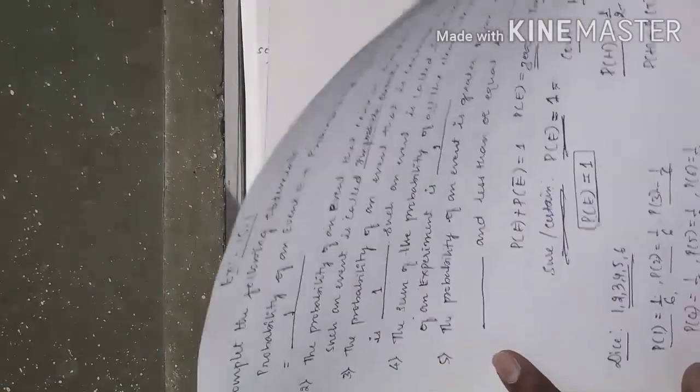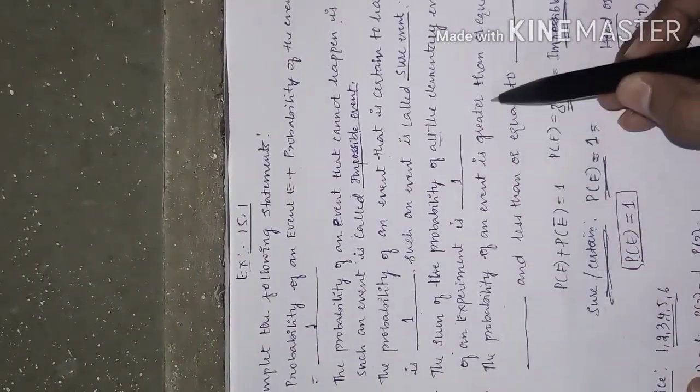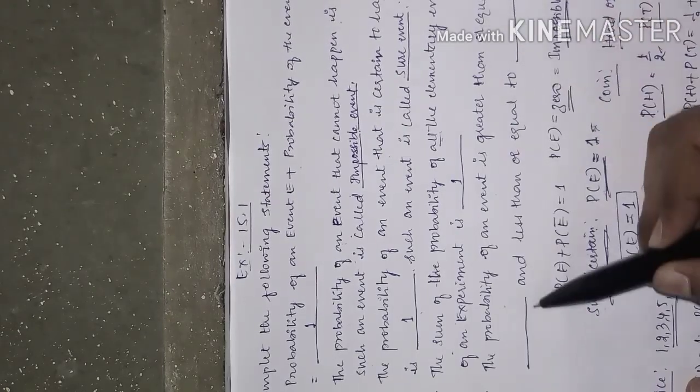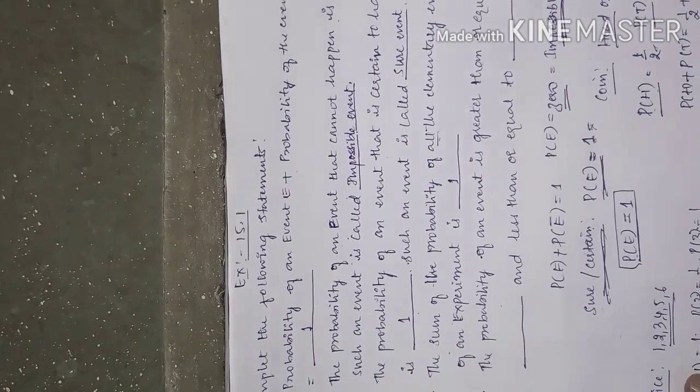Let us go for the next one. The probability of an event is greater than or equal to dash and less than or equal to dash. This also we learned in the introduction part.